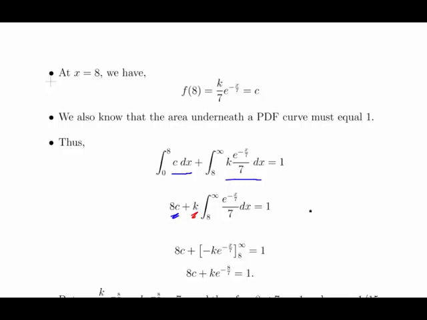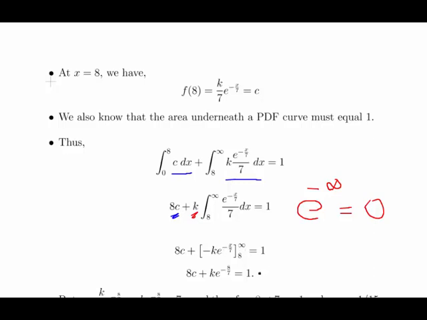A convention is that the exponential of minus infinity is 0, so we can disregard the infinity part. When we evaluate it for 8, we get k times e to the minus 8 over 7.